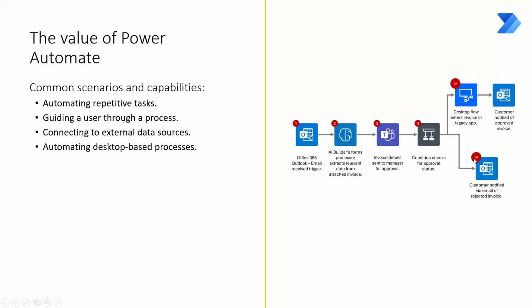If approved, then the customer is notified that it is approved. If the check does not pass, then the customer receives a notification that the invoice is denied.